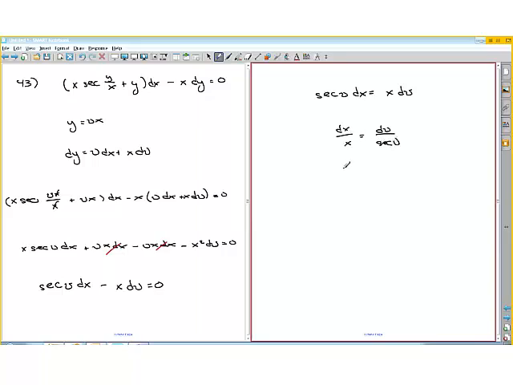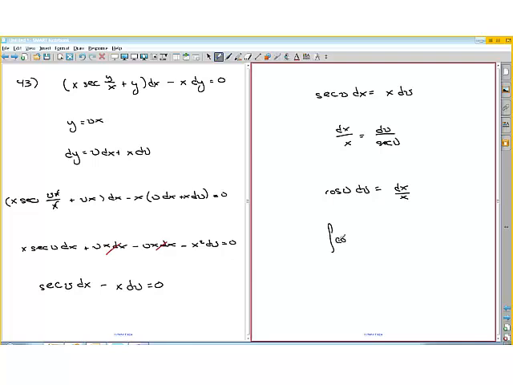So we have x on the left, mu on the right. I'm going to switch sides. And secant is 1 over cosine, so 1 over secant is cosine. So this becomes cosine of mu d mu is equal to dx over x. This part I just moved from the left to the right-hand side, and 1 over the secant is equal to the cosine.